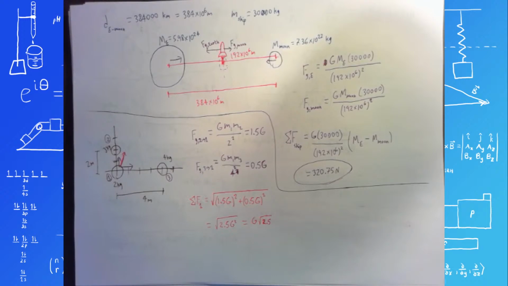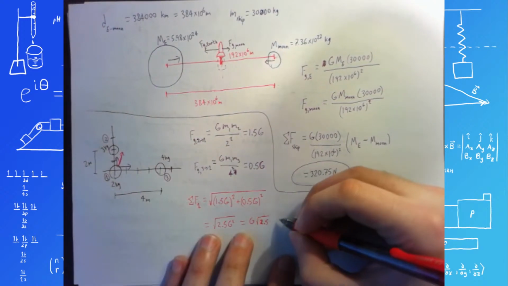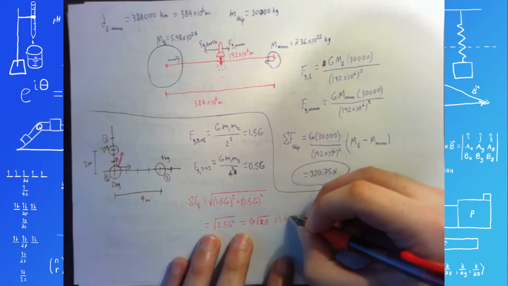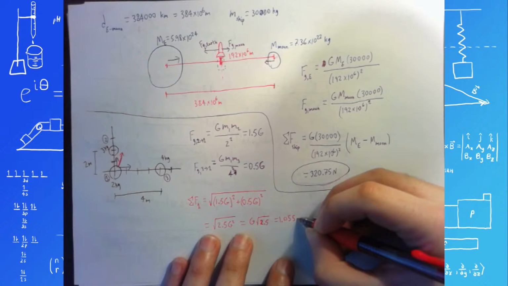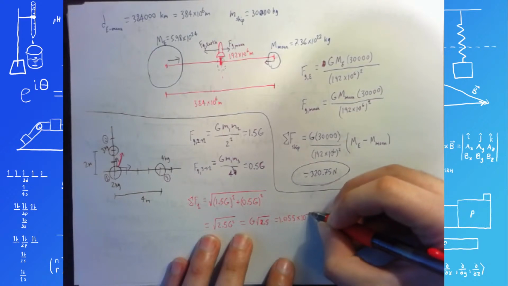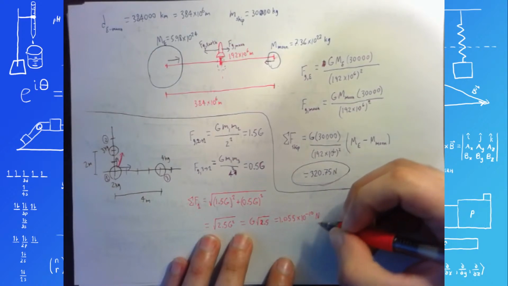Anyway, 6.673 times 10 to the negative 11, times the square root of 2.5 gets me 1.055 times 10 to the negative 10 newtons of force.